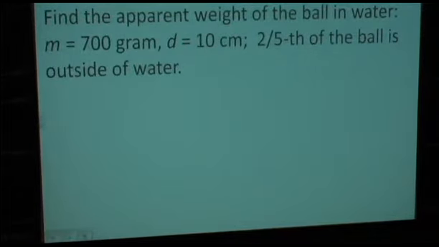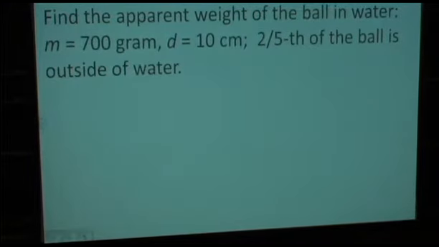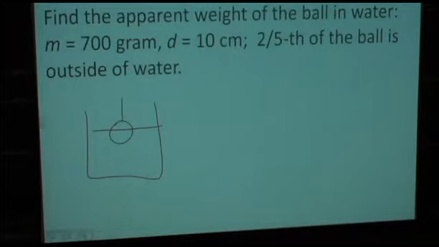What if only a part of this ball is inside? So we're moving it up, and eventually this picture looks like this. A beaker, water, same tension here, but now 2/5 of the ball is outside. We don't care, strictly speaking, about how much of it is outside.